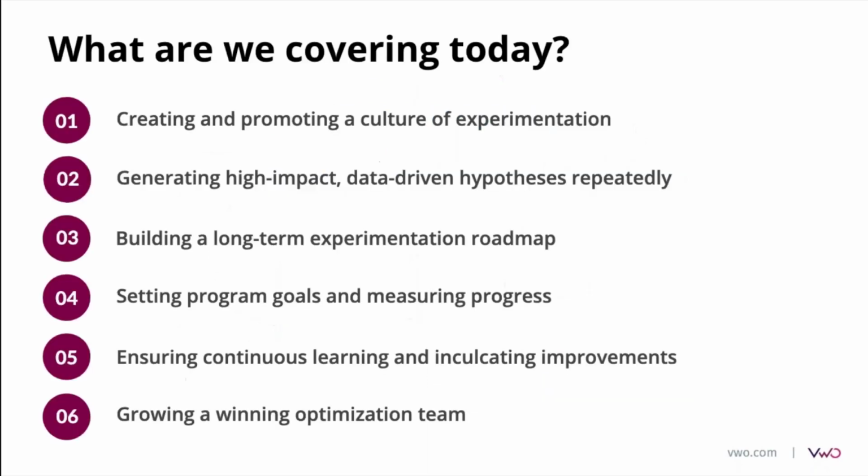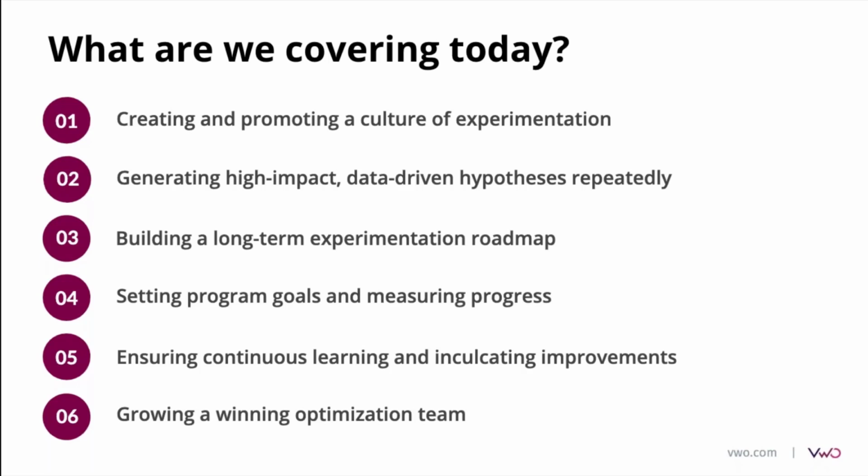So let's jump into what we are going to cover today. In the course of developing this ebook, we realized that there are 6 major elements that form the basis for any successful conversion optimization program, especially one which has been scaled from X to 10X or to any scale.